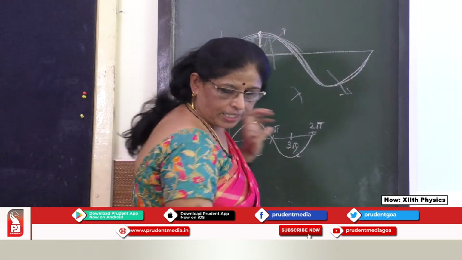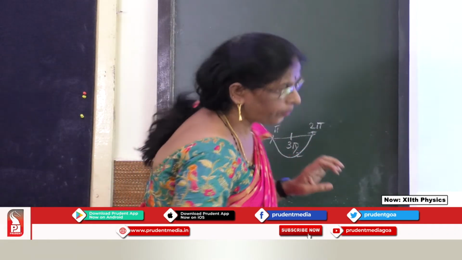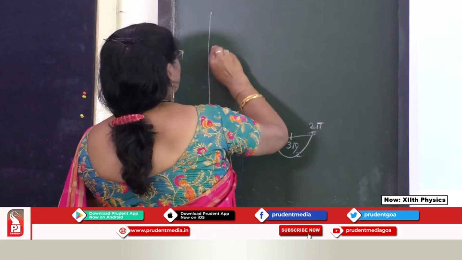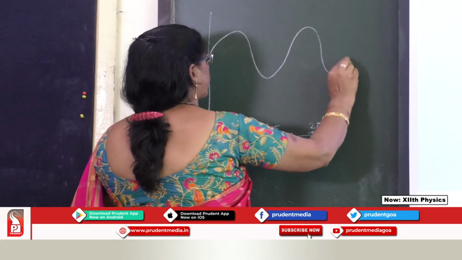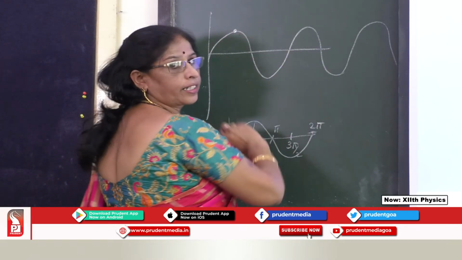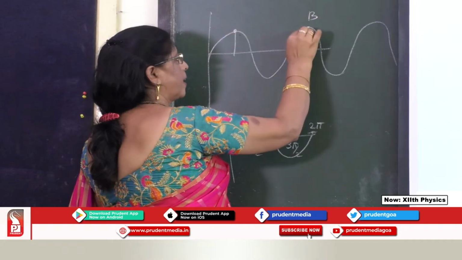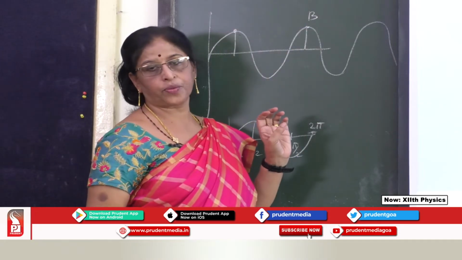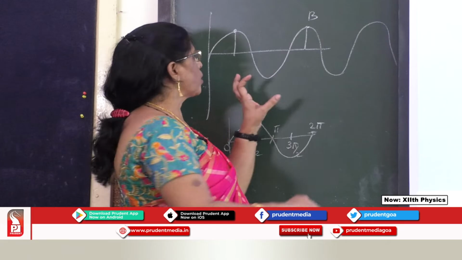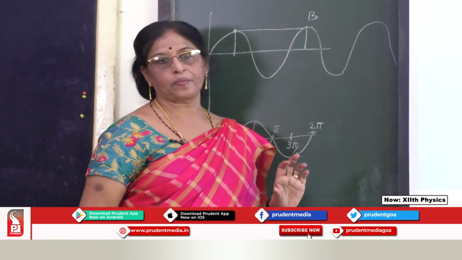Suppose I consider a part of this wave, which is progressive like this. Now consider this particle over here and this particle over here. They are at the same angle, just 90 degrees, so they are in the same phase.